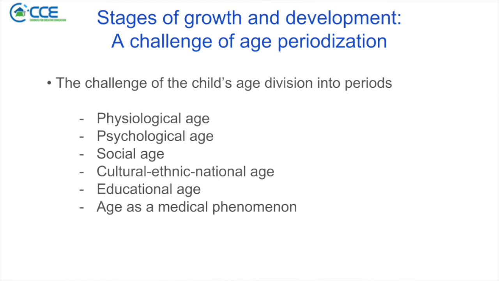So age is actually a very tricky concept, even though it's a central concept to psychology and to pedagogy. And actually, it also is the key to the challenges that practice sets for us. So age can be considered from many different perspectives.